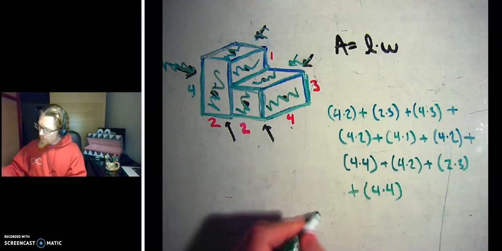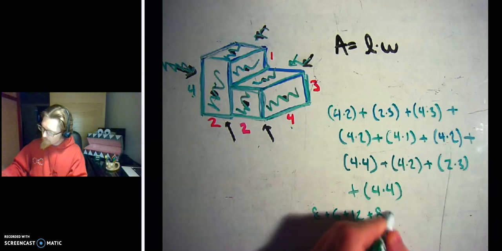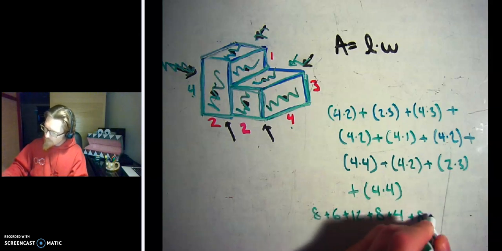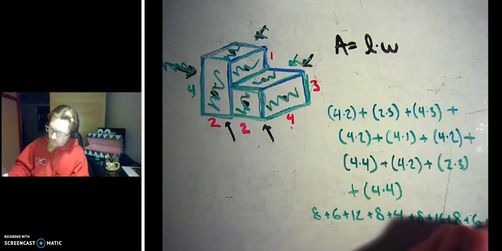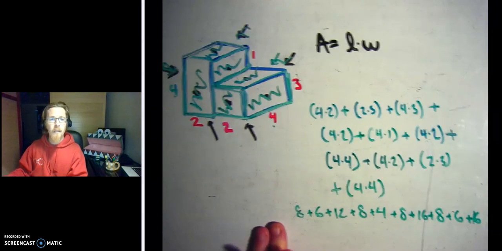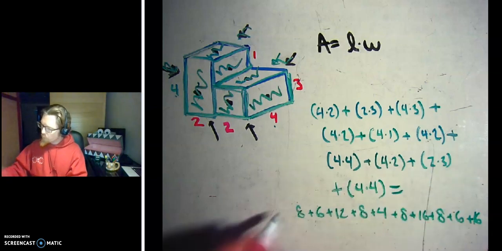It looks like we have 8 plus 6 plus 12 plus 8 plus 4 plus 8 plus 16 plus 8 plus 6 plus 16. Again, the order of operations says we would do multiplication before addition.